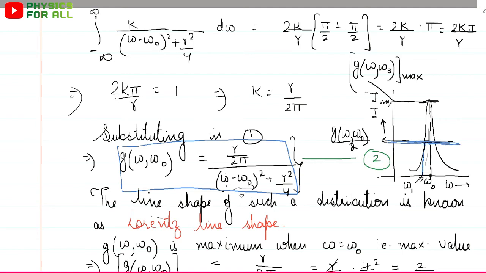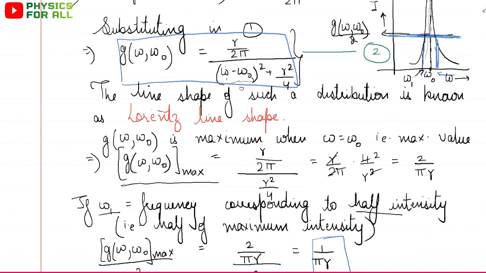So when intensity is half, obviously we are getting two frequencies here. So now omega 1 is referring to both these values. And what would be those two values?